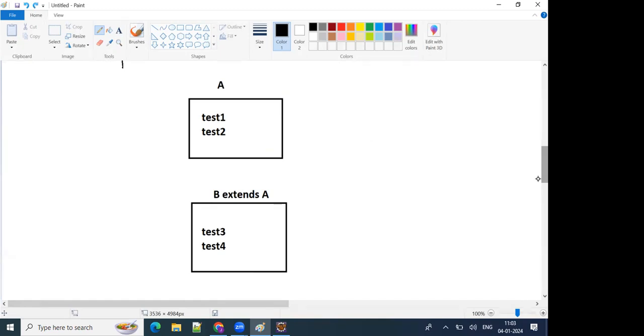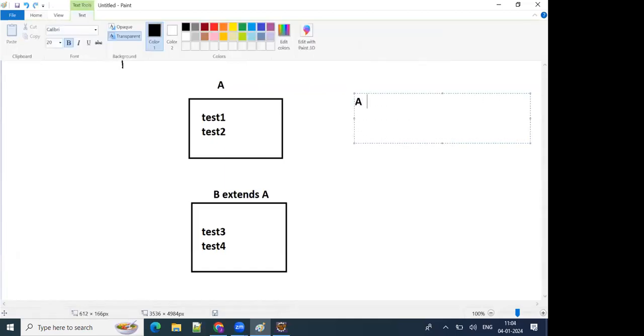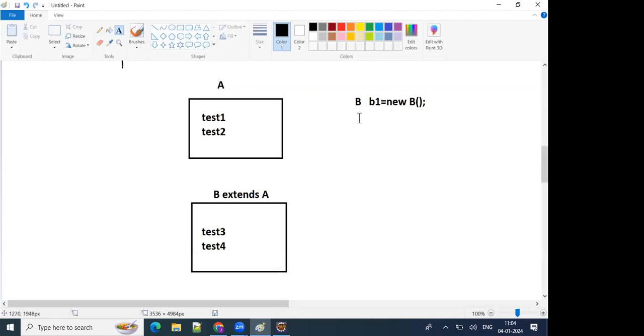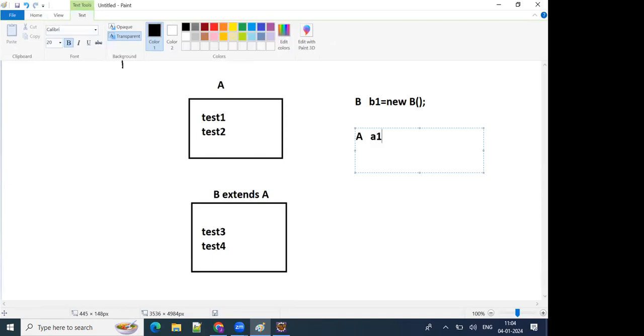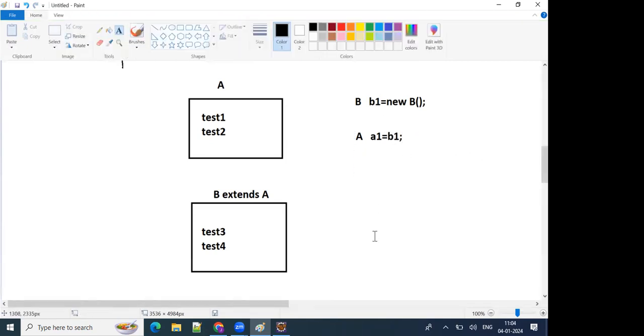Say for example, if you create B1 = new B(), I created an object of B, a subclass reference. Now if you try to store this B1 reference in the A1 reference, where B1 is a subclass reference and A1 is a superclass reference, if you store a subclass reference to a superclass reference, this is called upcasting.